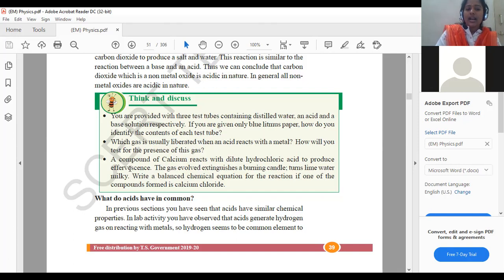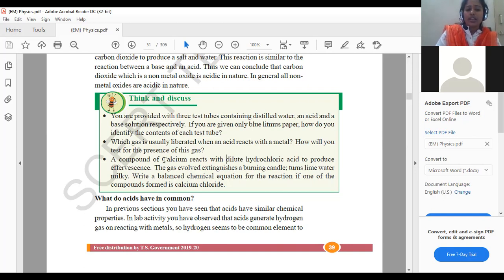And the third one is: a compound of calcium reacts with dilute hydrochloric acid to produce effervescence, right? The gas evolved extinguishes a burning candle and turns lime water milky. Write a balanced chemical equation for the reaction if one of the compounds formed is calcium chloride.